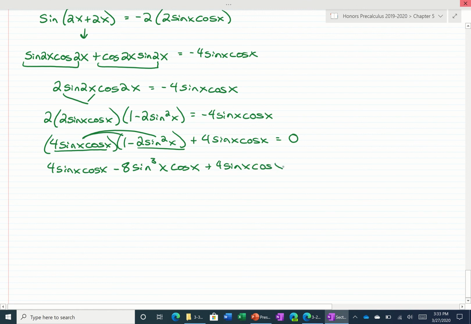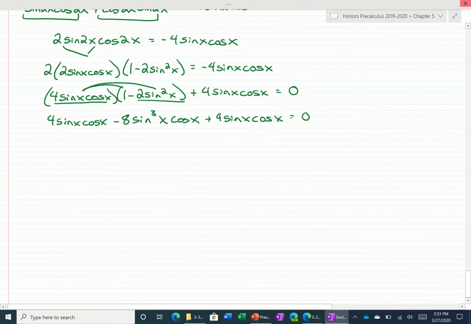All right. So now at this point, let's see if we could factor something out of everything. I could definitely take a 4 out of every single term. I could take a sine out of every single term. And I could take a cosine out of every single term. So I would get 1 minus 2 sine squared of x plus 1 is equal to 0.